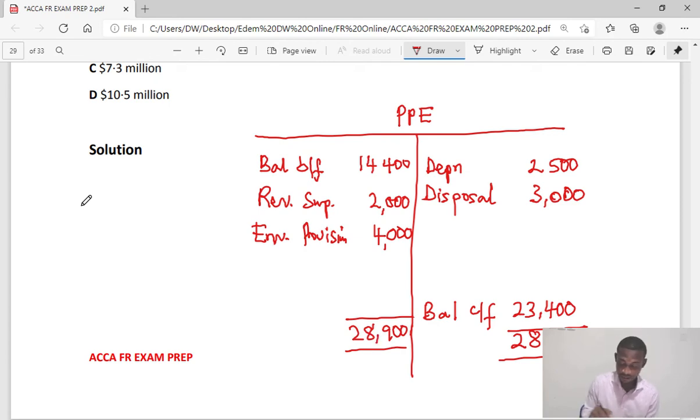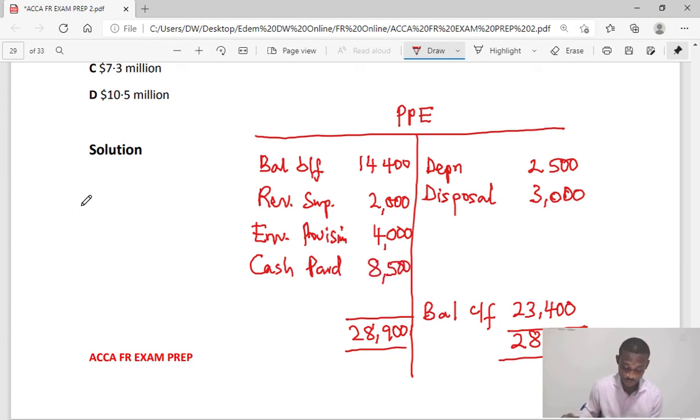Then we take the debit from it. So less 14,400, less 2,000, plus 4,000. That gives us 6,000. So the cash paid, which will be the balancing figure, is 8,500.